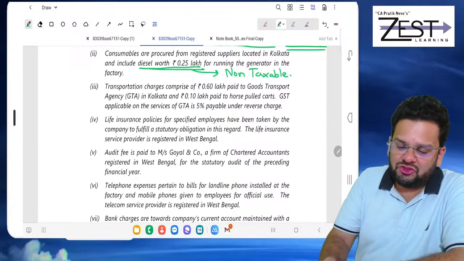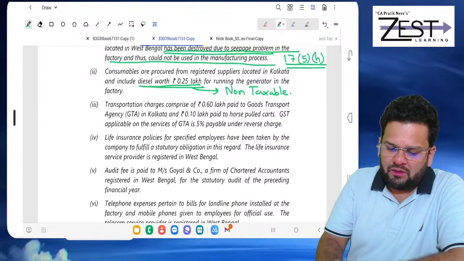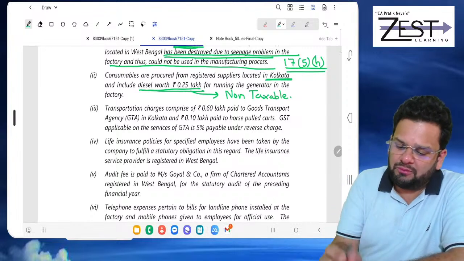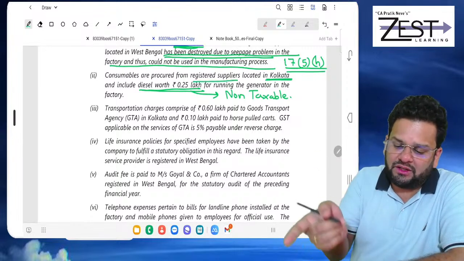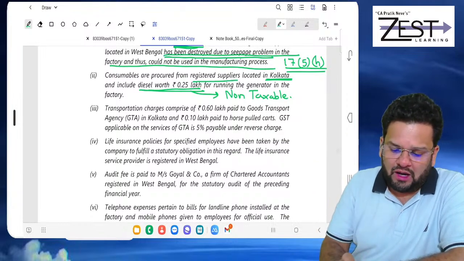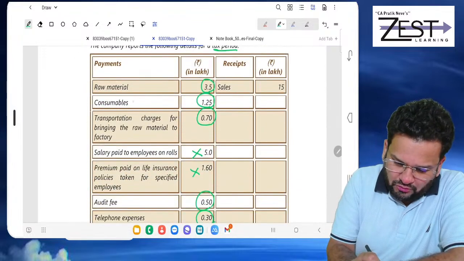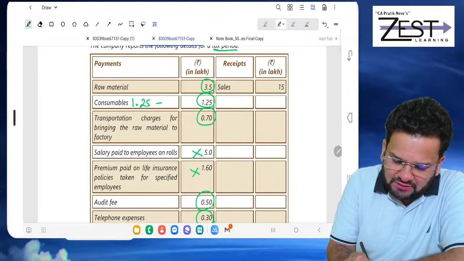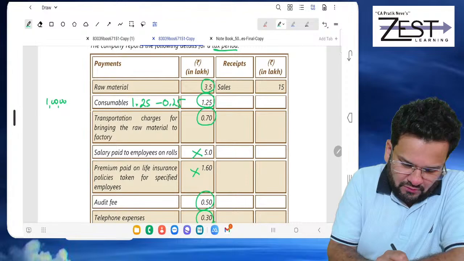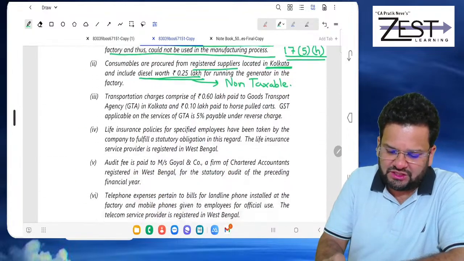So on balance consumables, you have paid CGST, SGST, because consumables are procured from registered suppliers located in Kolkata and you are also in West Bengal. So 1.25 lakhs minus 0.25 lakhs. Okay, on 1 lakh you can calculate CGST, SGST.